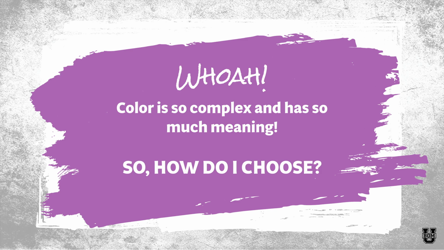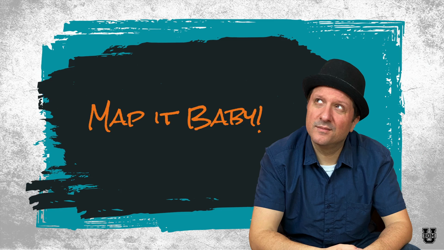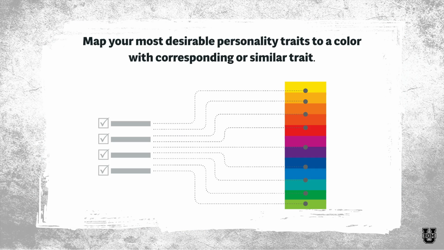So this is one of the most common struggles I hear online entrepreneurs have: how do I pick my color palette? So you've got to map it. And what I mean by that, and this is where we're going to go back to our personality exercise that we did in a previous module, is you're going to map those 3 to 5 most desirable personality traits to a color that has a corresponding or similar trait.